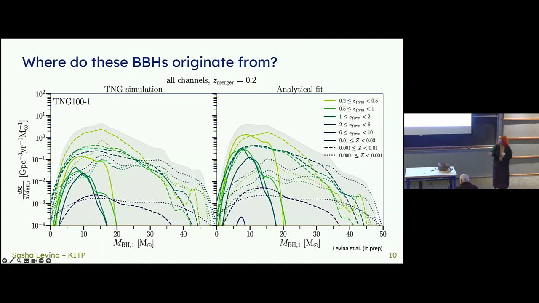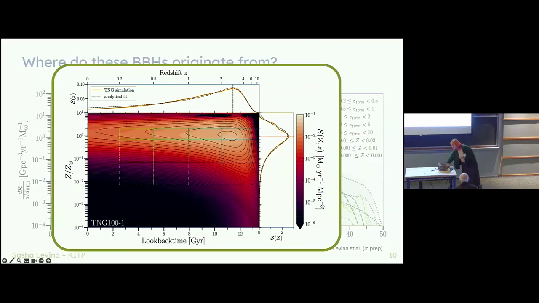And so we can see that the peak that the analytical fit is overestimating is coming from this high metallicity bin. And if we look back at what that would look like here, let's highlight that high metallicity bin in the other plot.